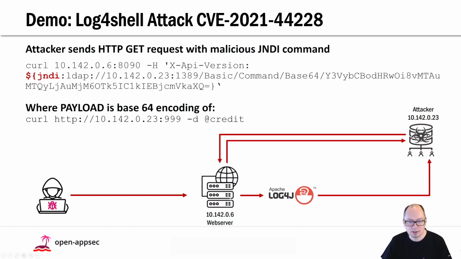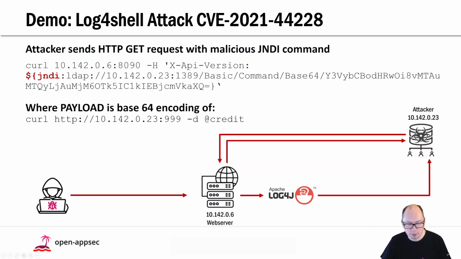So the attacker calls this web server. This web server then hands over the request first to the attacker's LDAP machine. You can see it here, base64 encoded in the actual attack string. And if you decode this, you will see that it tries to upload credit card numbers from the web server back to the attacker machine here.